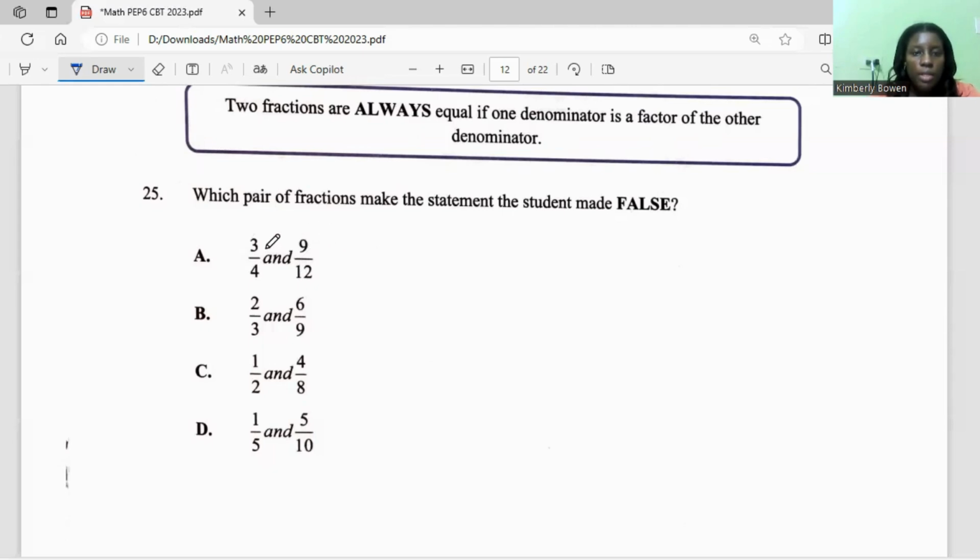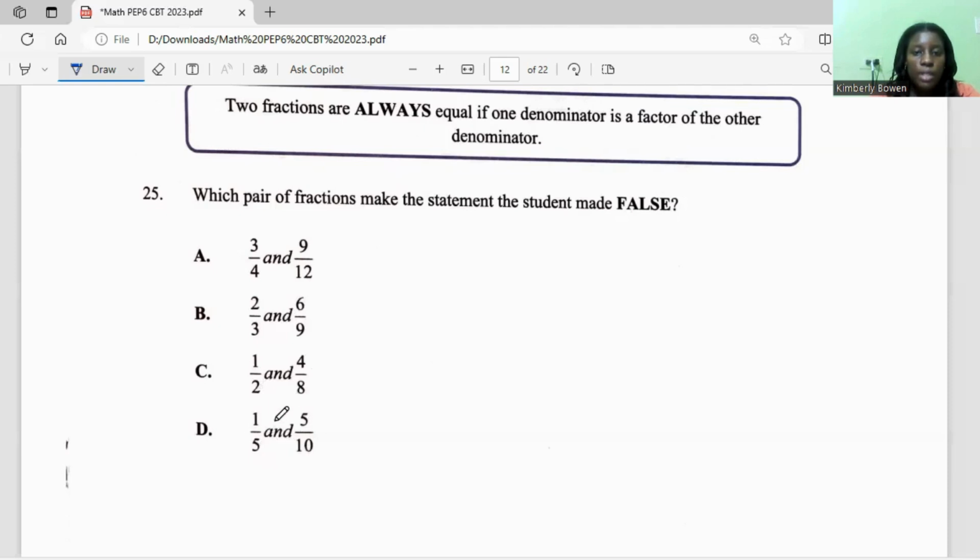Okay, 3 times 3 is 9, 3 times 4 is 12. Let's look at this one: 2/3 and 6/9. 2 times 3 equals 6, 3 times 3 equals 9. And 1/2 and 4/8: 4 times 1 is 4, 4 times 2 is 8. And let's look at this one now.